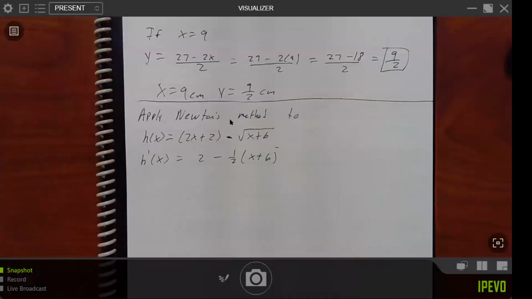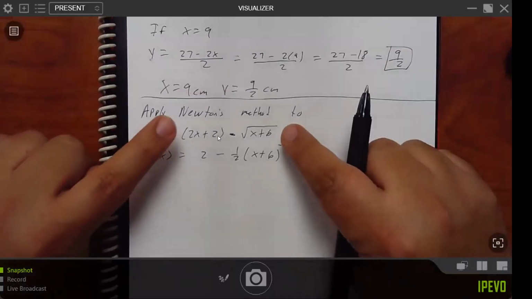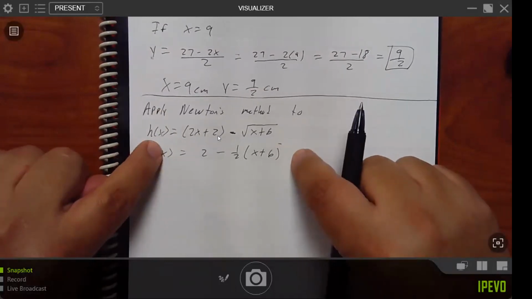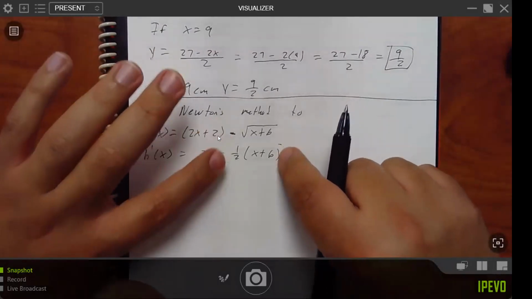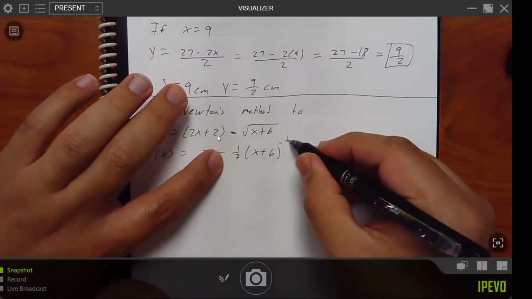All right, so to apply Newton's method, you just take those two and subtract them, right? And then do the derivative. Derivative of this guy is just a 2. Derivative of this will have 1/2 and then negative.